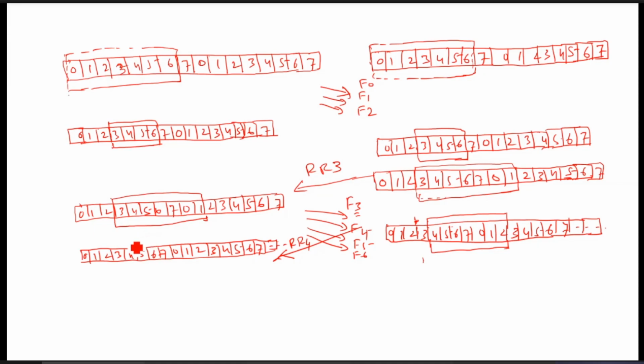If frames 3, 4, 5, 6 are transmitted, its window will shrink. But as soon as this acknowledgement RR4 is received, its window will expand.